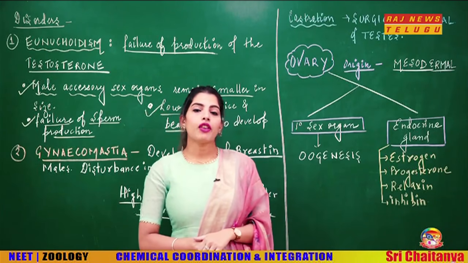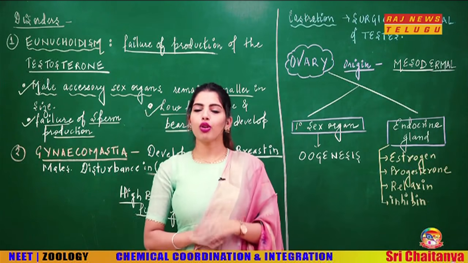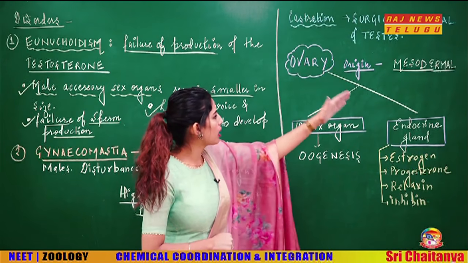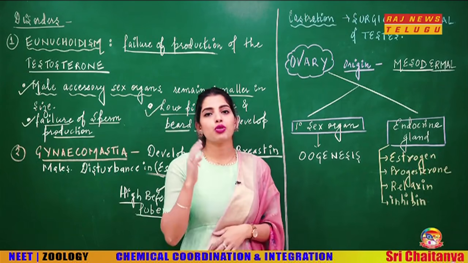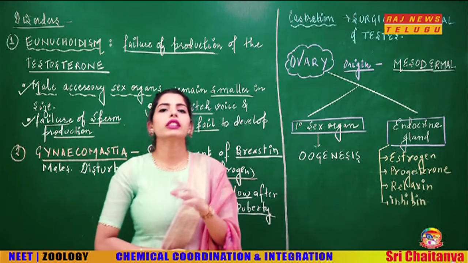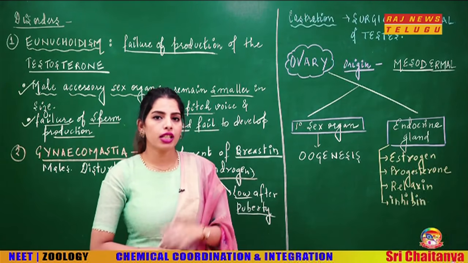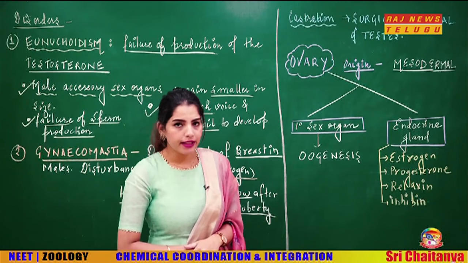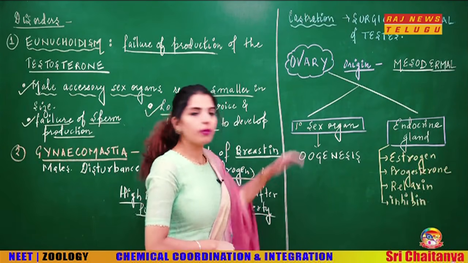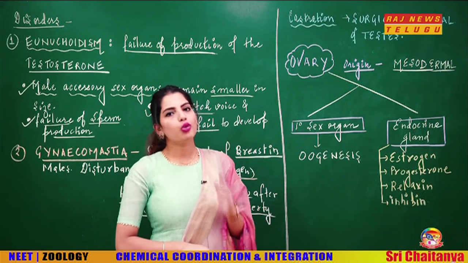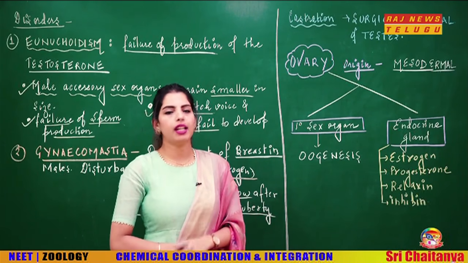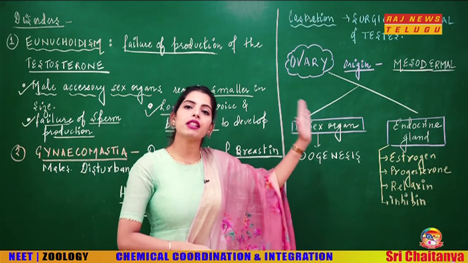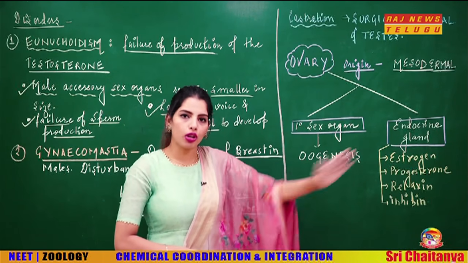Testis was having mesodermal origin and your ovaries are also having mesodermal origin. Now talking about the primary sex organs, you clearly know now the organs where the gametogenesis process is taking place. In the ovary, oogenesis, which is the gamete formation in a female, is taking place. Hence the ovary is a primary sex organ.